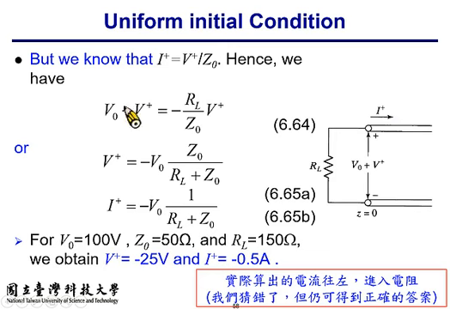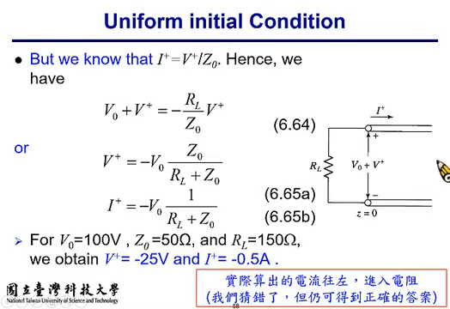So by substituting I plus as V plus over Z sub 0, we can write up this relationship, and we end up with the expression for V plus. And by dividing V plus by Z sub 0, we get I plus.